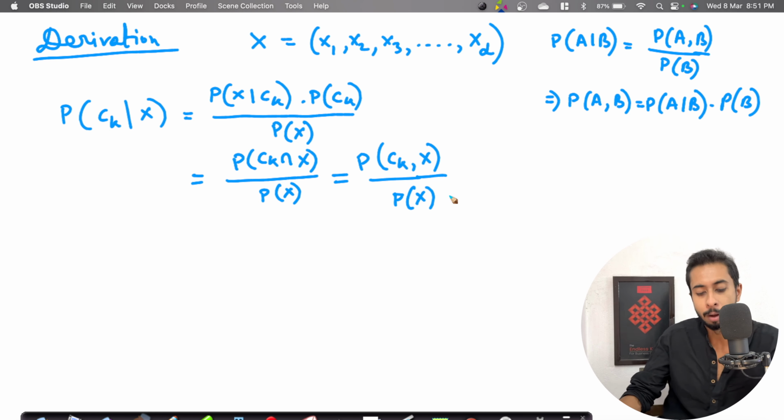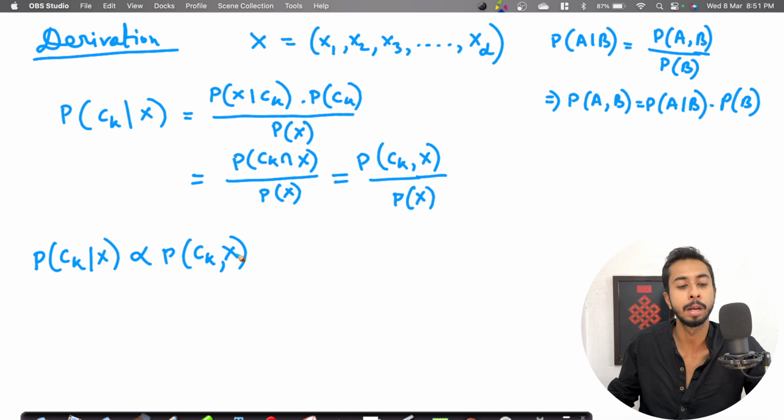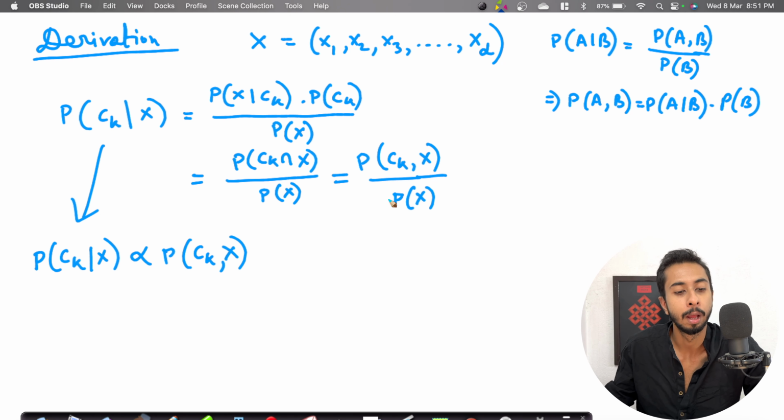Okay, now in the next step what we'll do is we'll simply write probability of ck given x is proportional to probability of ck comma x. How did I write this? This left hand side is this one, and here the numerator is this.